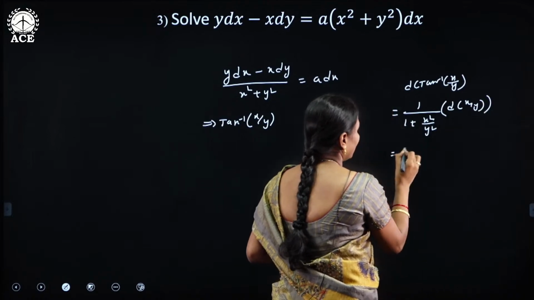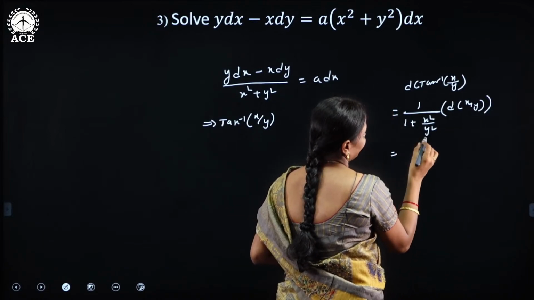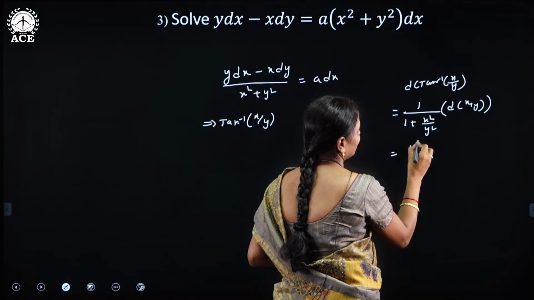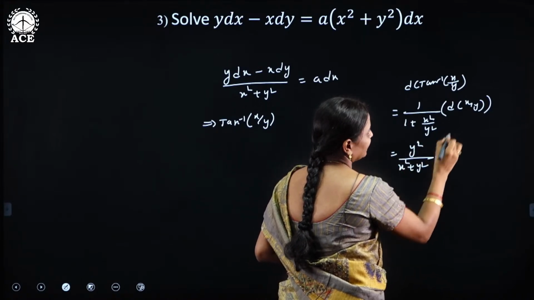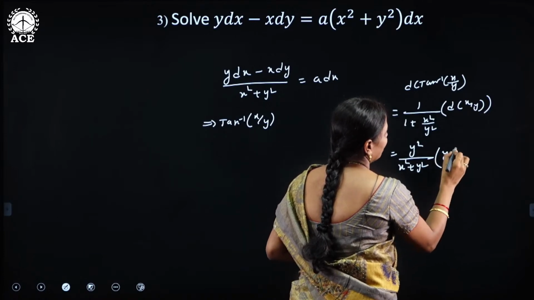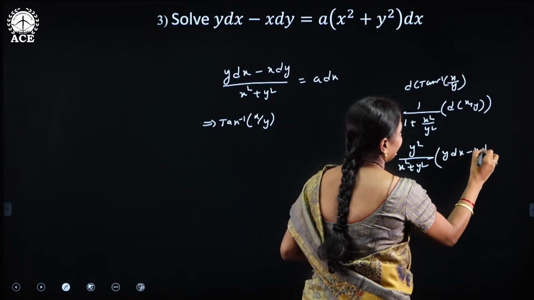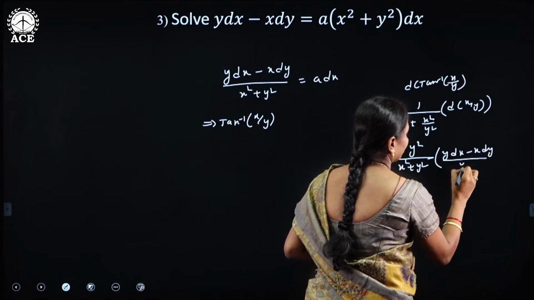If we take the LCM, that is y square by x square plus y square, and differentiation of x by y is y dx minus x dy by y square.